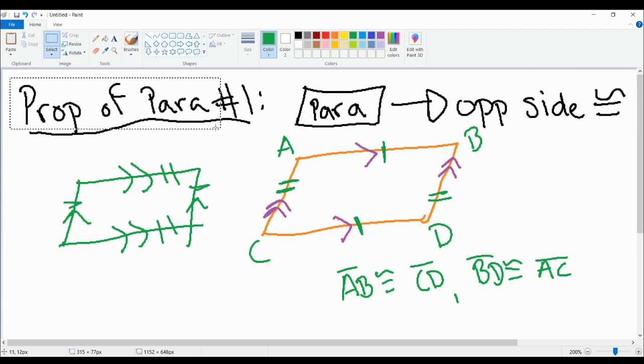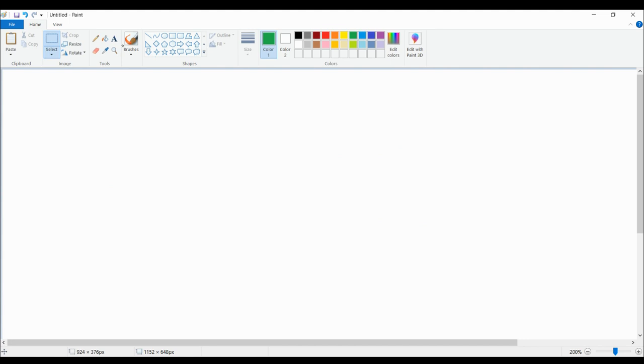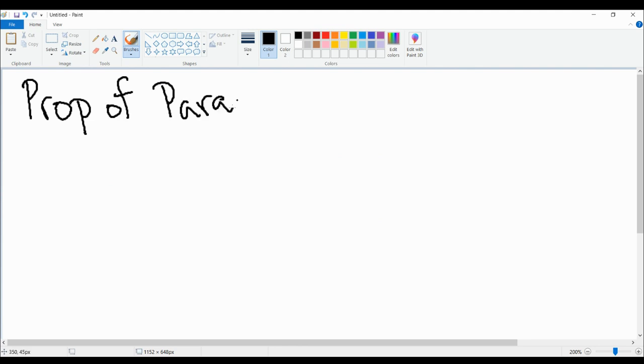Okay, let's move on to property of parallelograms number 2. Property of parallelogram number 2. What this property states is that if a figure is a parallelogram, then opposite angles are congruent. So it's very, very similar to the previous one.